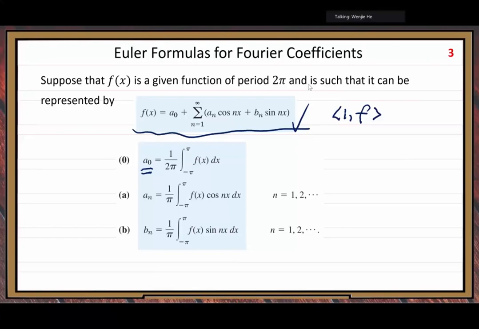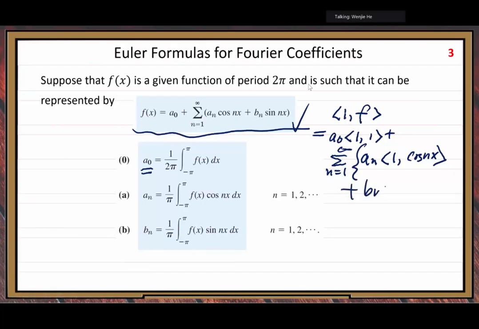You do the inner product: A0 times the inner product of 1 and 1, plus the summation from n equals 1 of An times the inner product of 1 with cosine nx, plus Bn times the inner product of 1 with sine nx.